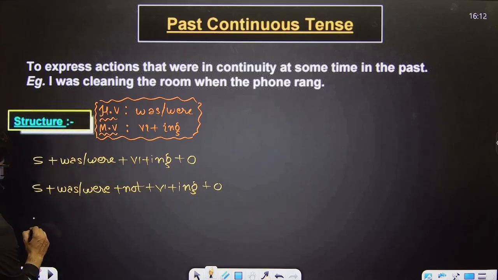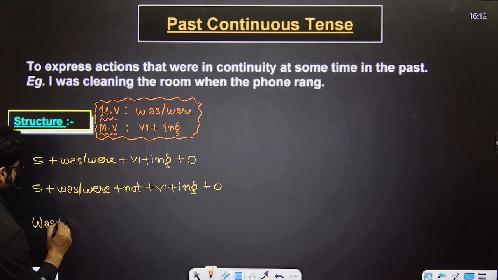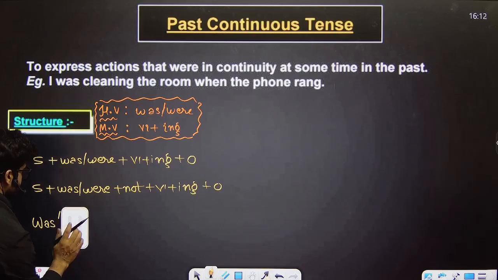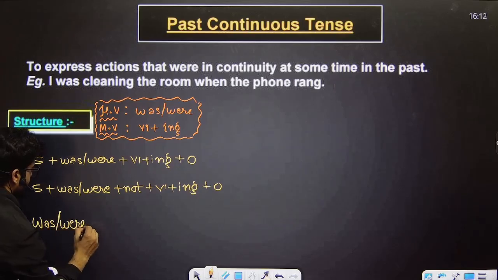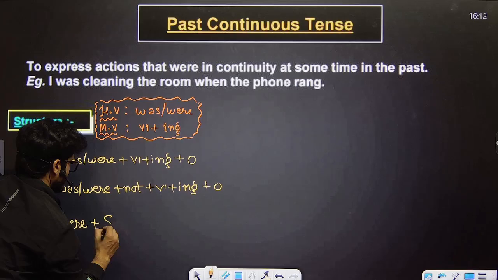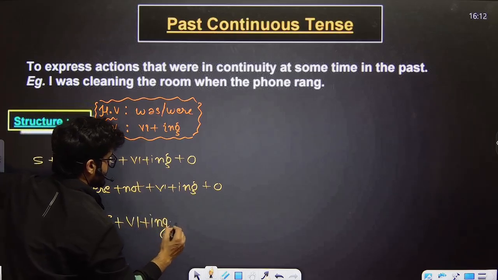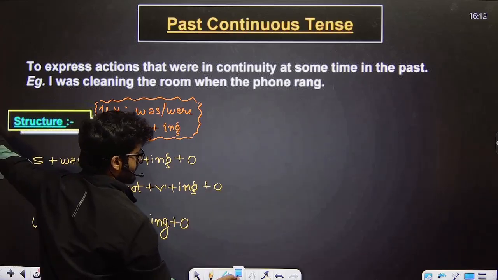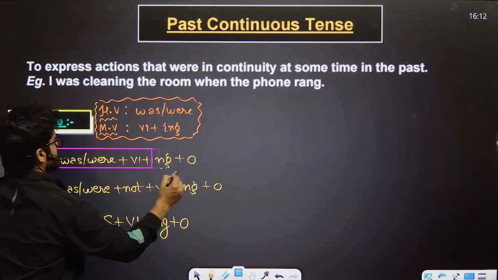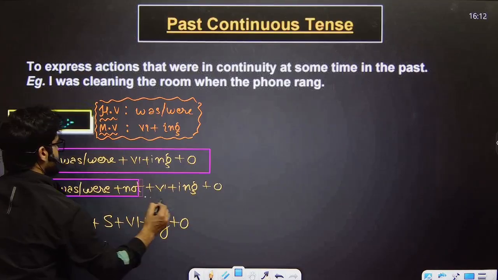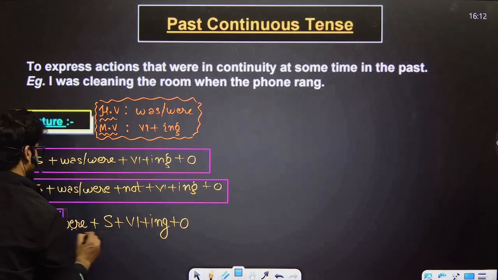In case of interrogative, was, were plus subject plus verb 1 plus ing plus object. So this is how you are going to frame the sentences.